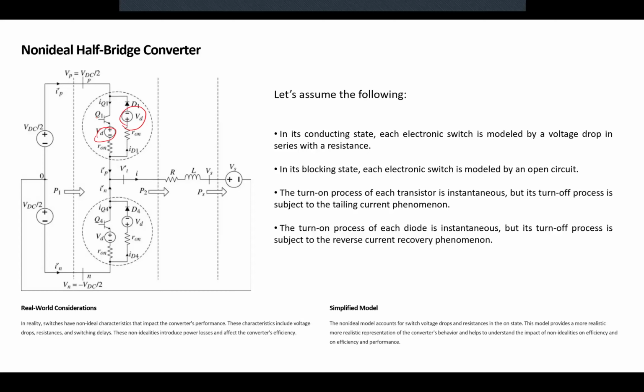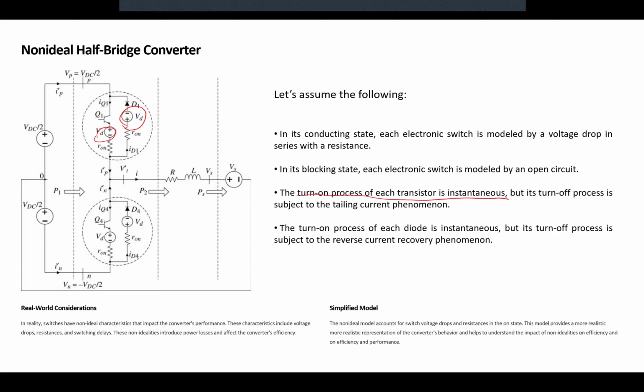Another one: in the blocking state, we consider our semiconductors an open circuit, same as the ideal case. When the switch is on, we consider that they turn on instantaneously, but they turn off gradually.